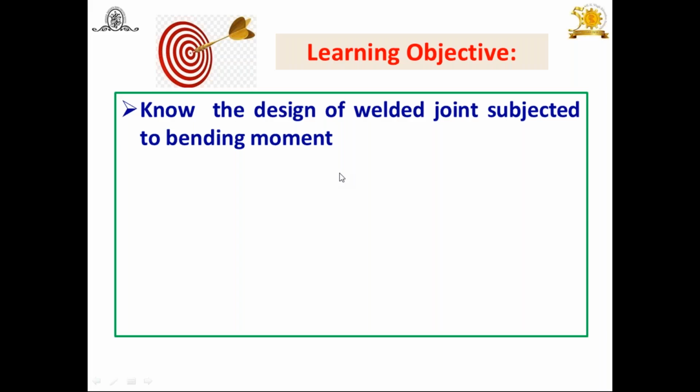Design of a joint means finding out its thickness, or in general the dimensions of the joint. Whatever equations we are using, we assume a static load condition; we are not taking care of the dynamic load condition and other cases, because of the limitation of the welded joint, which is thermal distortion.